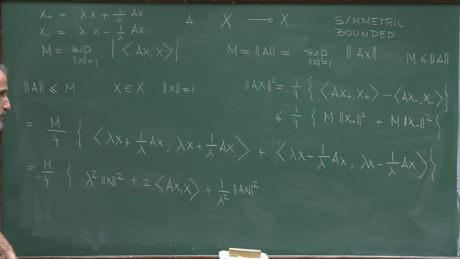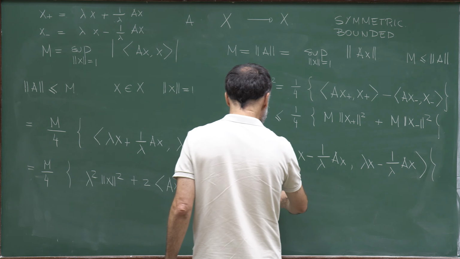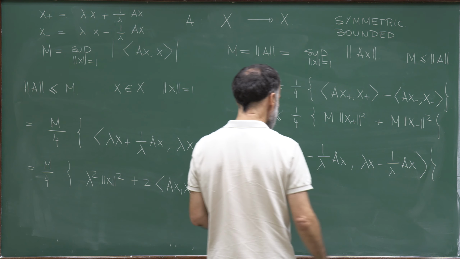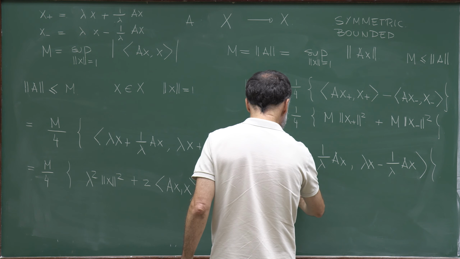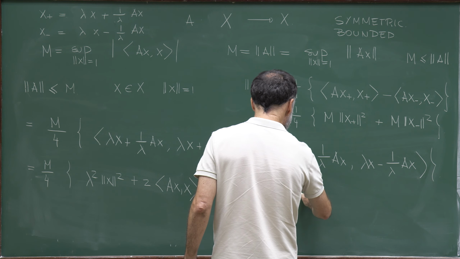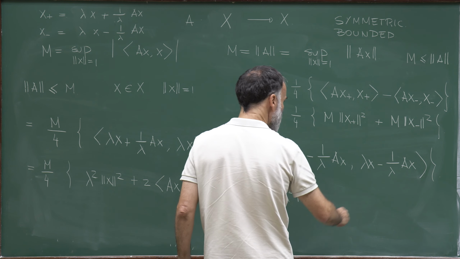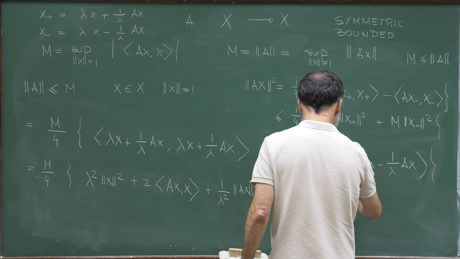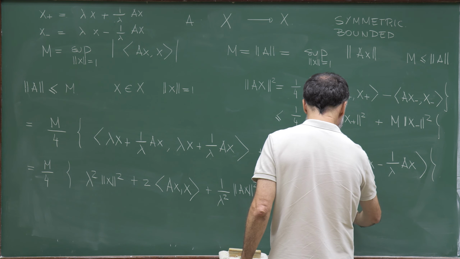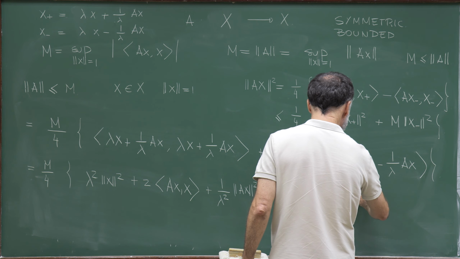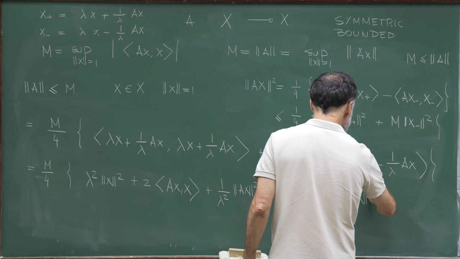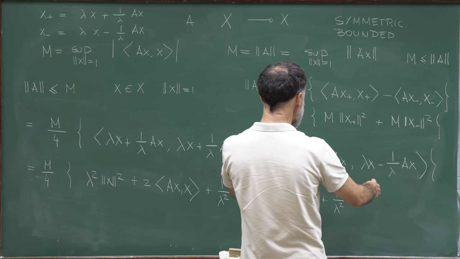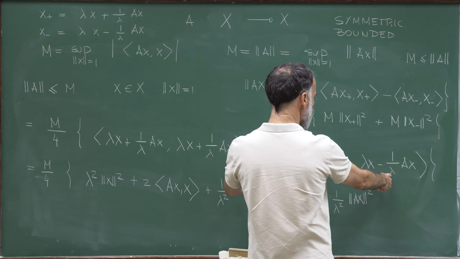And let's do the same thing for the second term. Again, I have lambda x, which gives me lambda square, the norm of x square, plus the other term, which is 1 over lambda square, the norm of ax square. And then for the cross terms, the lambdas will cancel.